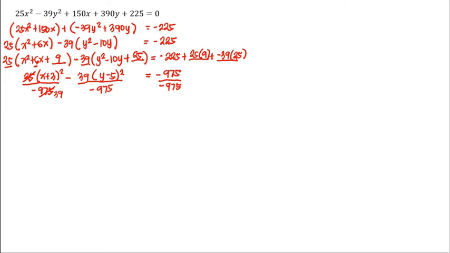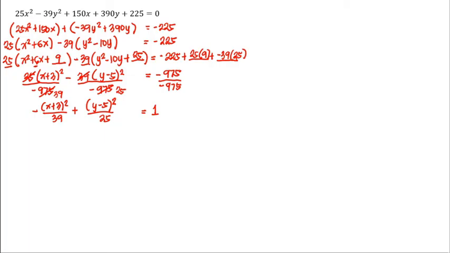So we have negative of x plus 3 quantity squared over 39. Okay, for the second term, that is 39 over 975. This can be reduced. The common factor is 39, so this will become 1, the denominator will become 25, and negative over negative will become positive. So you have plus y minus 5 quantity squared over 25 equal to 1.